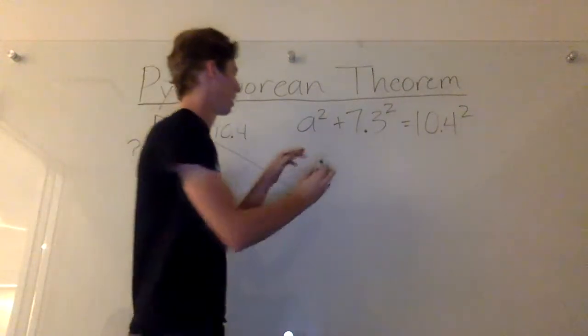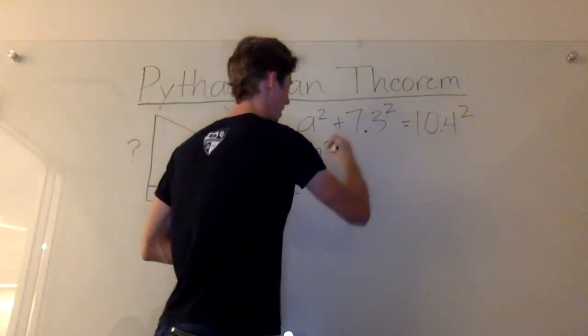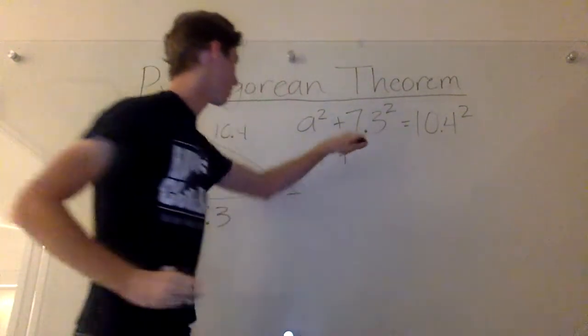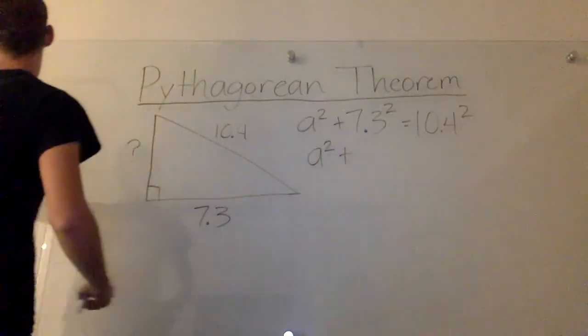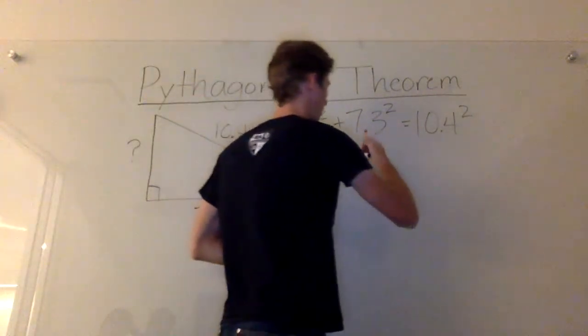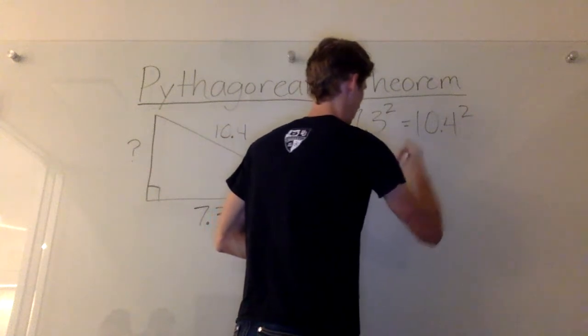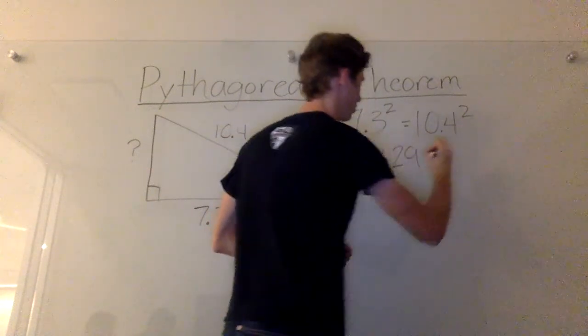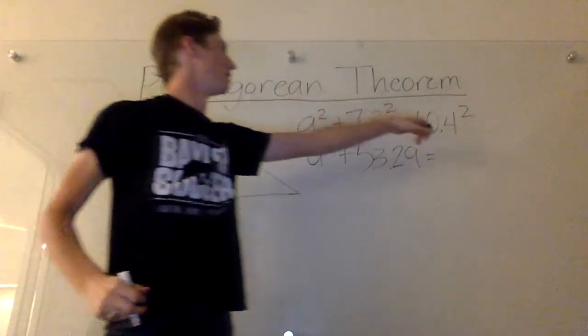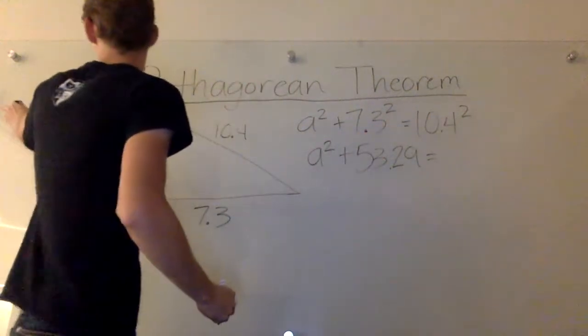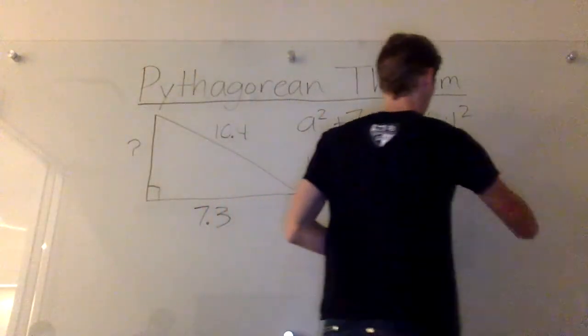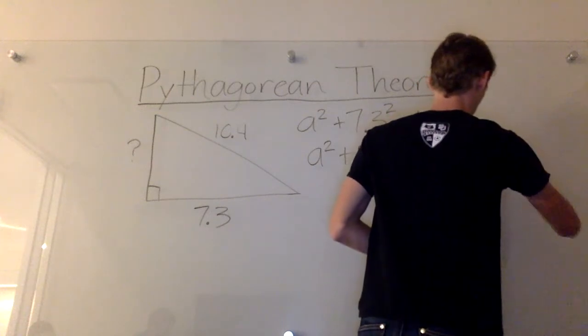So, a squared, can't do anything with that. 7.3 squared, I typed in and I got 53.29. You can check my work if you like. 10.4 squared got me 108.16.